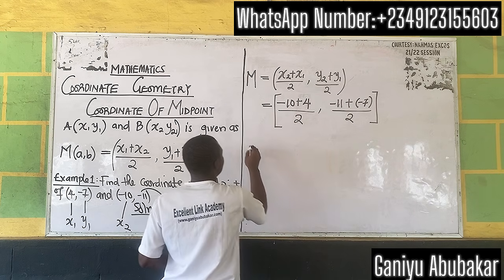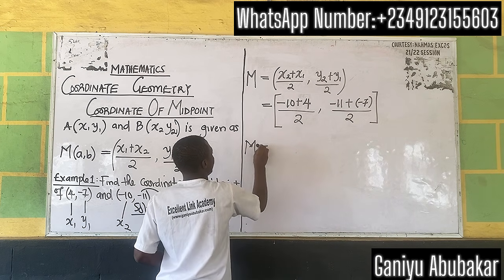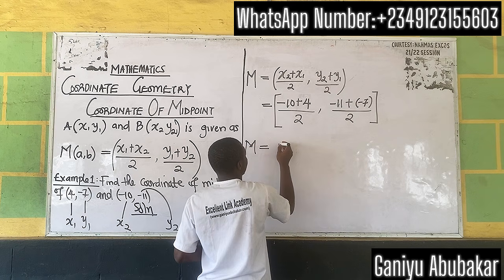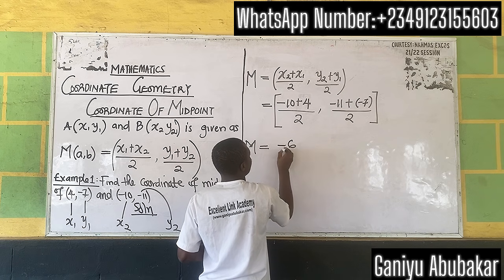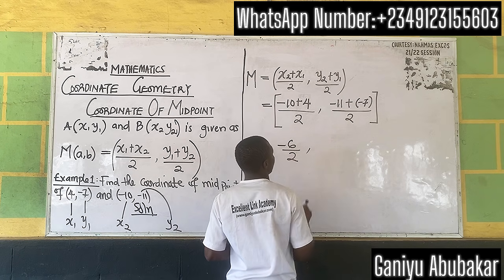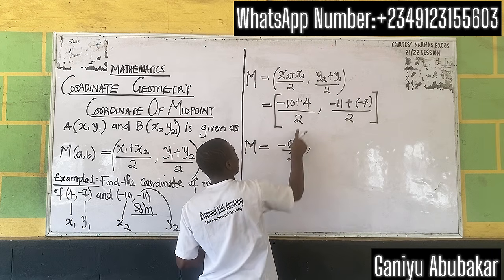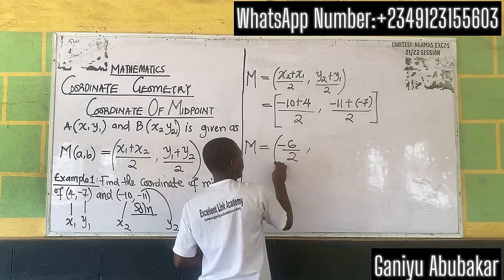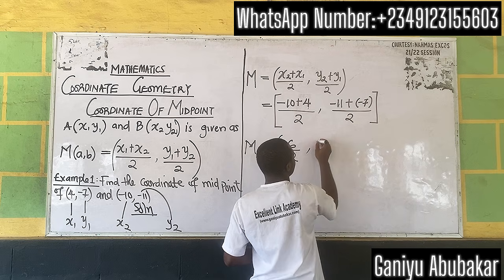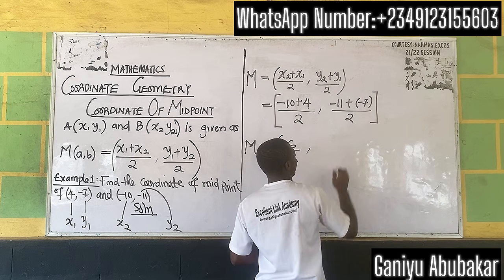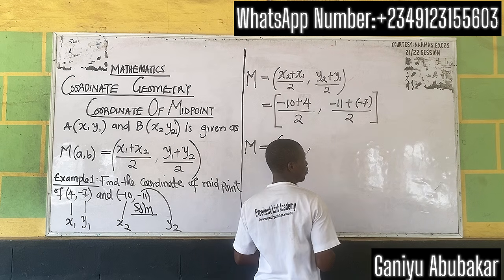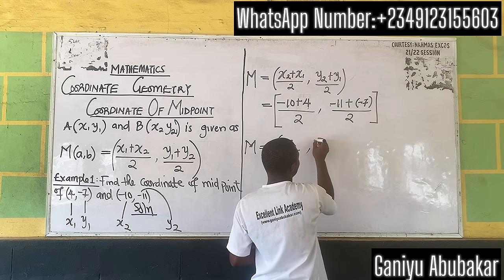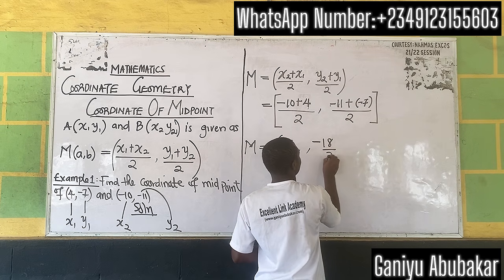Next up, the midpoint of this coordinate gives about 6, negative 6 over 2, comma, minus 10 plus 4 gives you negative 6 over 2, then a comma, this one gives you negative 11 plus minus gives you minus, so minus 11 minus 7, that gives you minus 18 over 2.